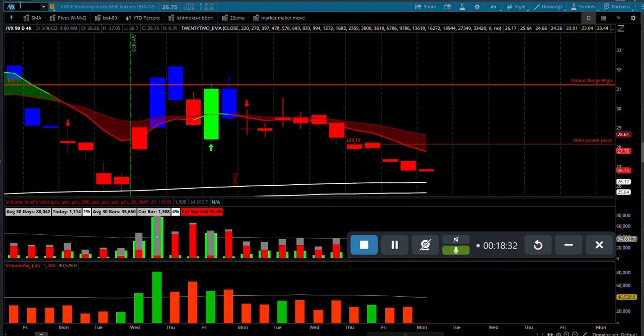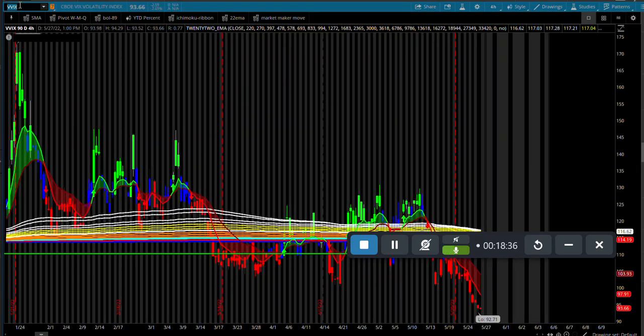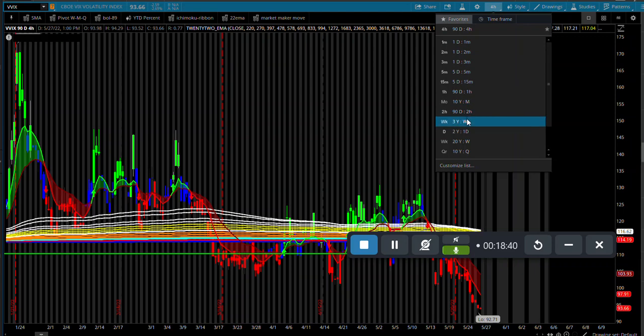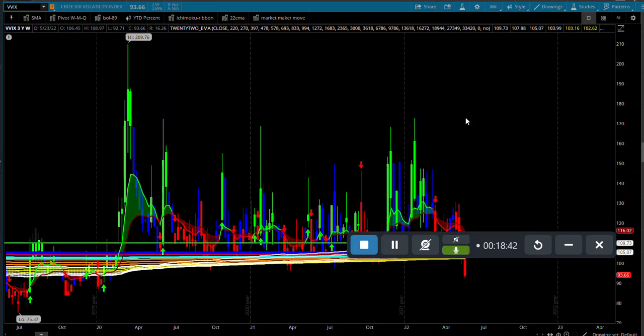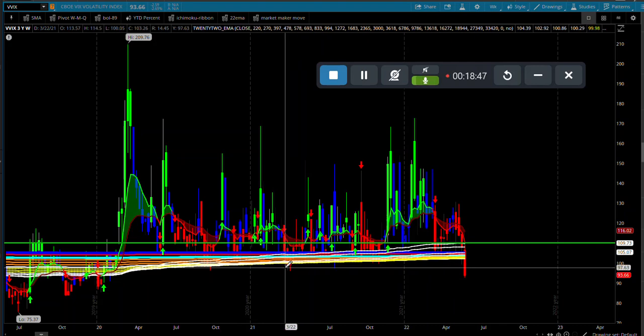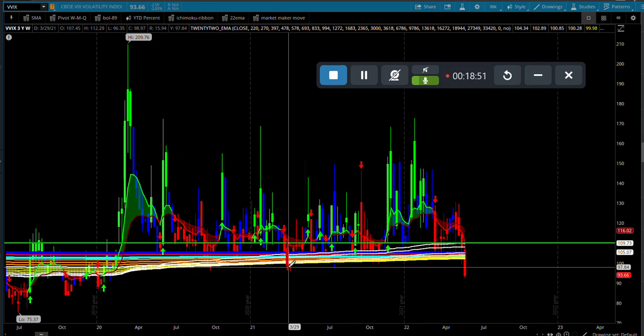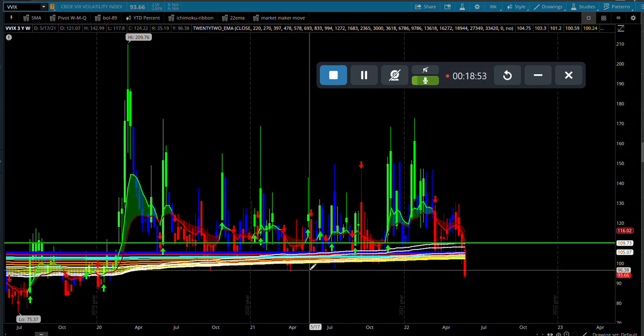Now, on the flip side, VVIX, this is the volatility of the VIX. If you go out here on the weekly, they have just decimated this. Look at the levels we're at right here on the VVIX, the volatility of the VIX. They are crushing this to pieces here. Just not an appetite at these price levels at all for additional insurance.